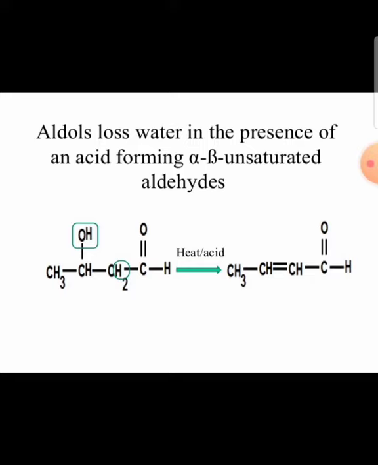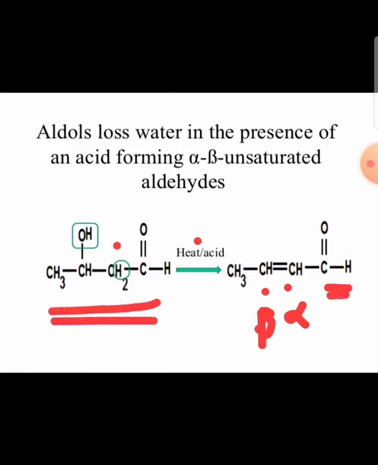Now the aldol loses water on heating, forming an alpha beta unsaturated aldehyde. So from this aldol, from the alpha carbon atom there is a release of one hydrogen, and from the beta carbon atom there is a release of OH, as water.